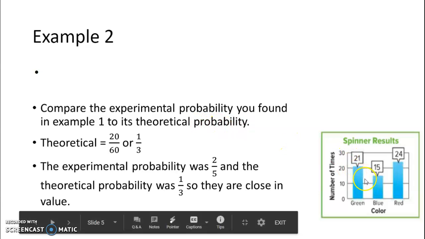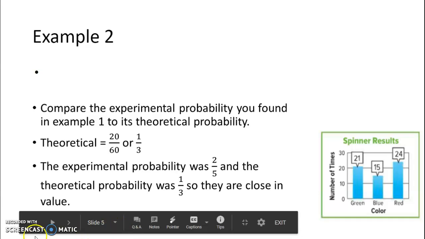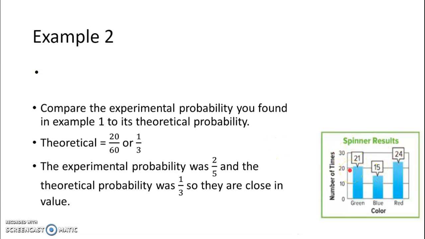Well, we know that there are 3 equal sections. It says in the previous problem that they are equal sections on the spinner. So just picturing what this would look like, you would have a circle with 3 equal parts. That being the case, we should have an equal chance to land on each one of these.